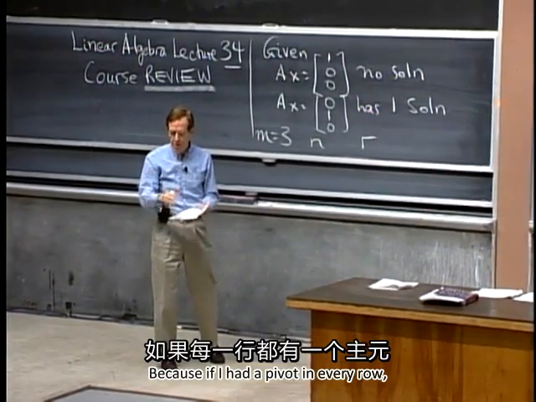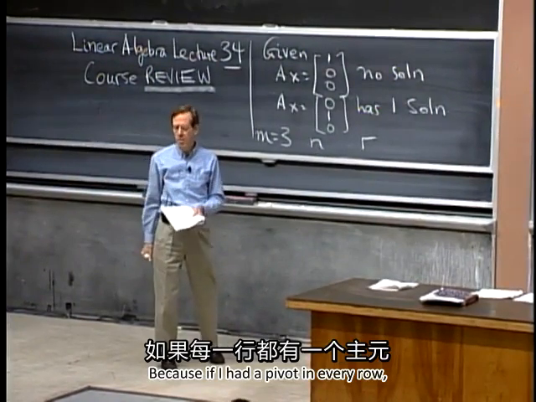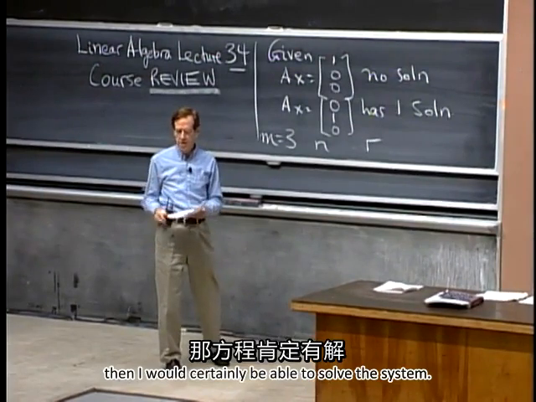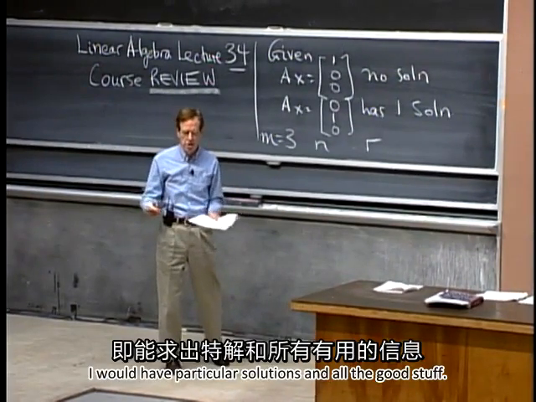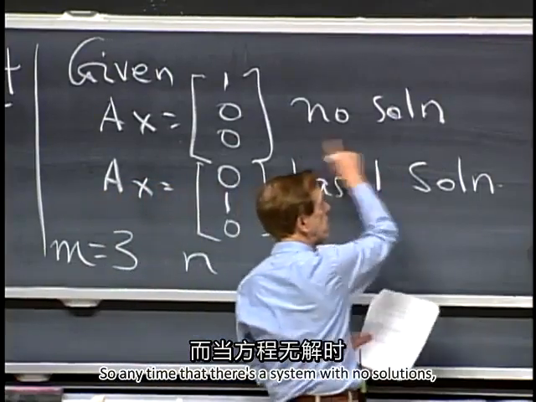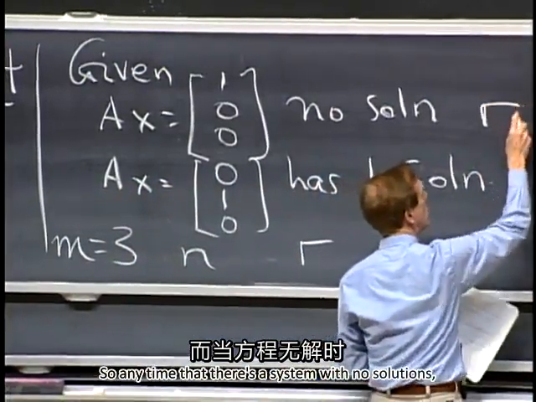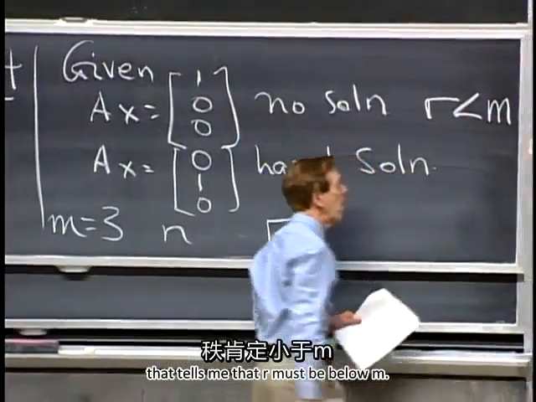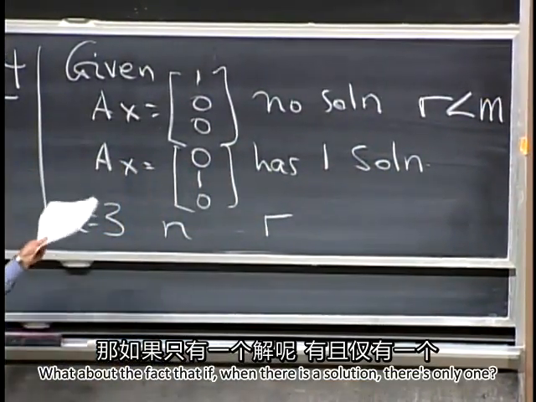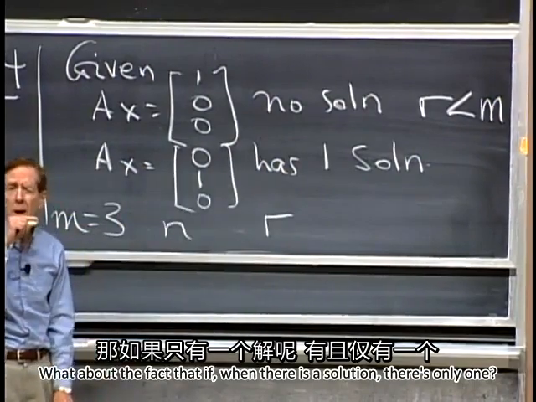Because if I had a pivot in every row, then I would certainly be able to solve the system. I would have particular solutions and all the good stuff. So any time there's a system with no solutions, that tells me that R must be below M.